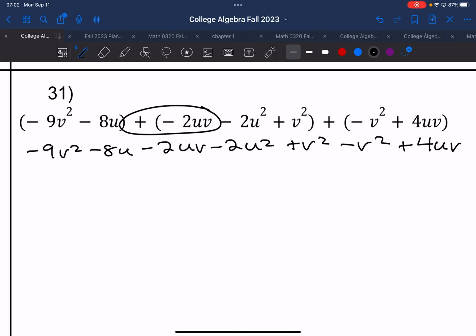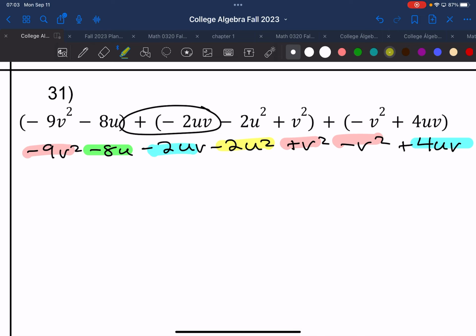Now I can start combining like terms. So I'm going to first just go through and highlight. Okay. So in this case, we have two variables that have the highest exponent. We have that v squared and that u squared.